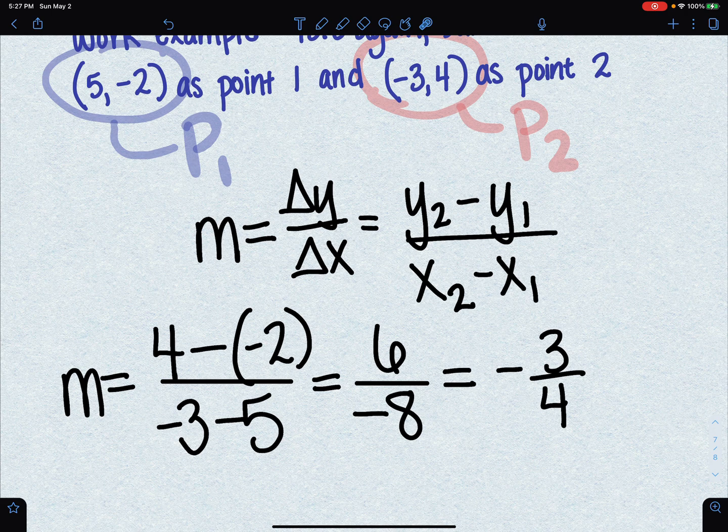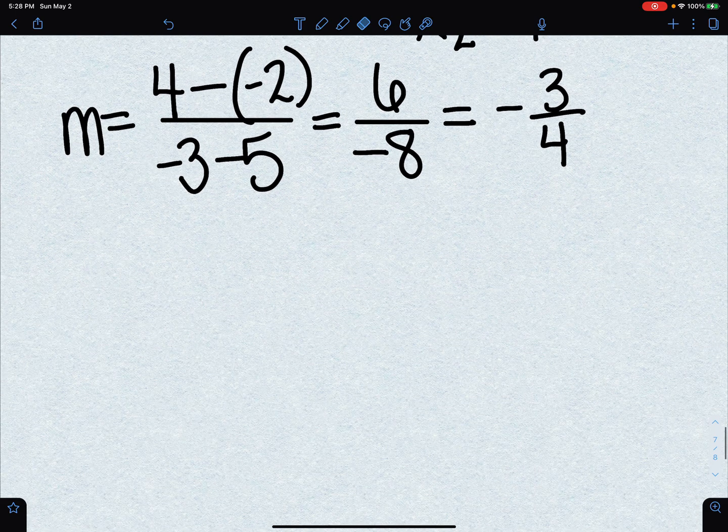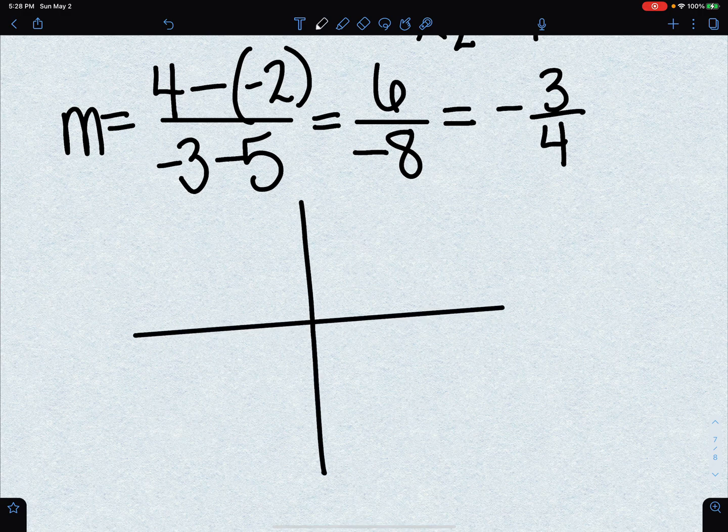We did it both ways, and we basically proved that the answer is going to be the same. So it doesn't matter which point you pick as point 1 or point 2. The same slope is found by using the slope formula. When you think about what you're doing, why doesn't it matter whether you use the same points or different points?